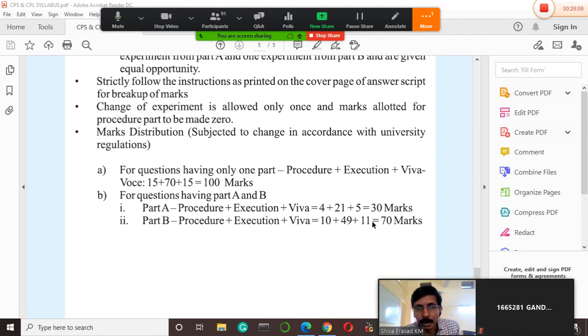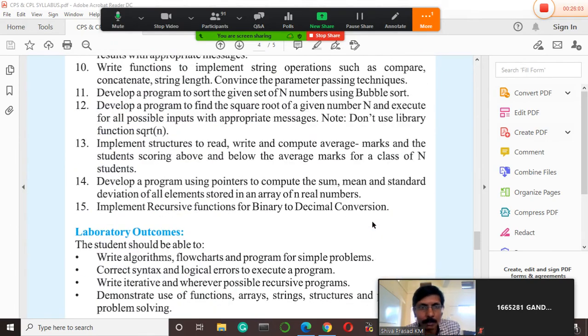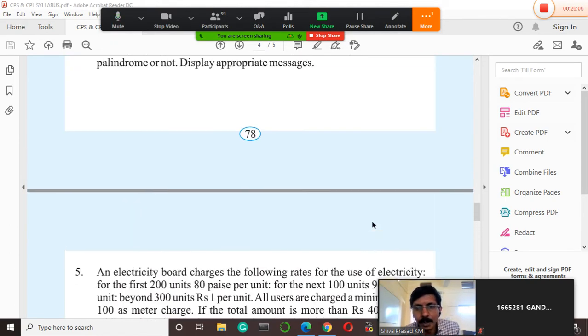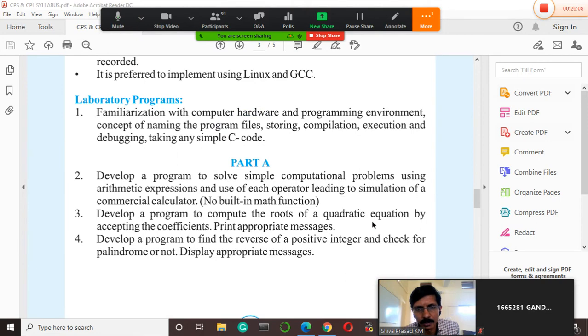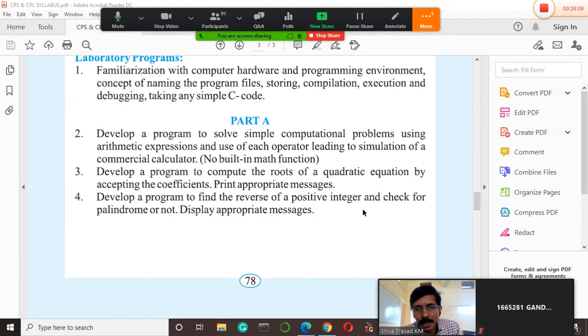But when it comes to the internal point of view of your lab, we will be conducting 2 lab internals. Each lab internal will be of 40 marks.